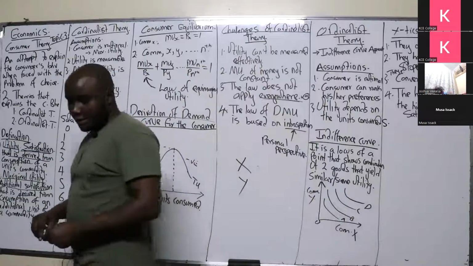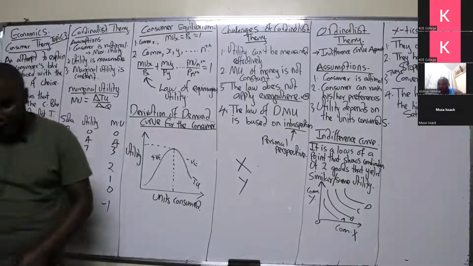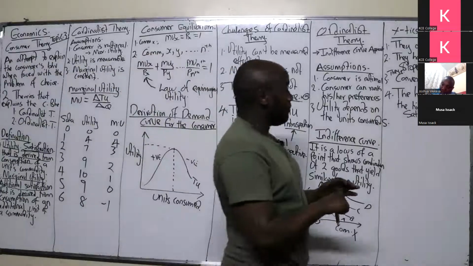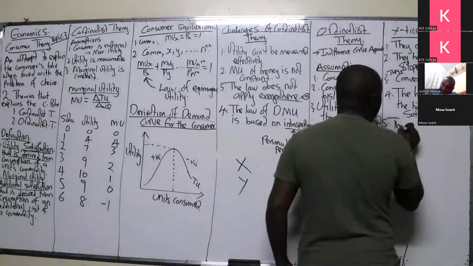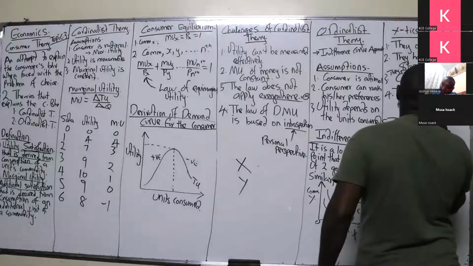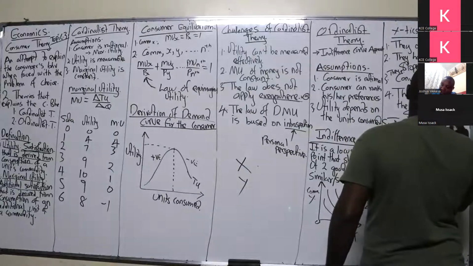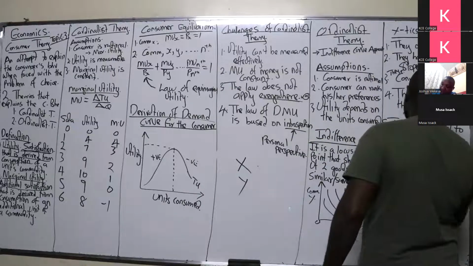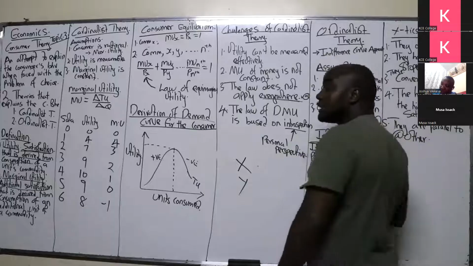Number five is that they are parallel to one another. They are parallel to each other, and that's why they do not intersect.